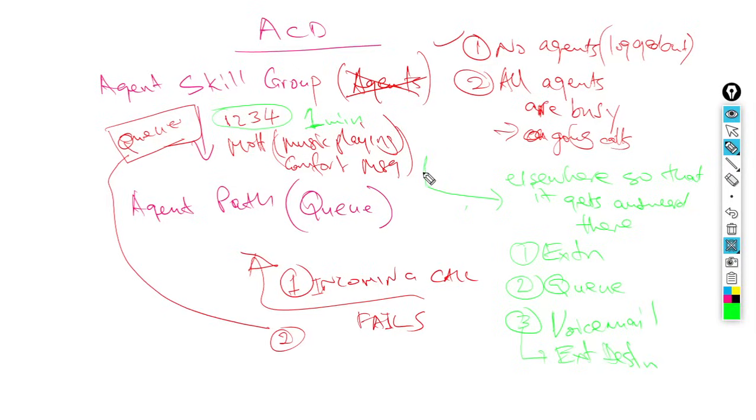So in such a scenario where calls start queuing because the agents are busy, if a call queues for 1 minute, it should then go to be answered elsewhere.